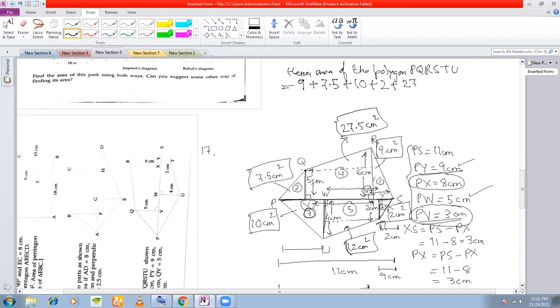Trapezium 4, 27.5, and trapezium 5 is 12. So the addition of all this is 68 centimeters square, and that is the area of the polygon. Okay, stop here then.